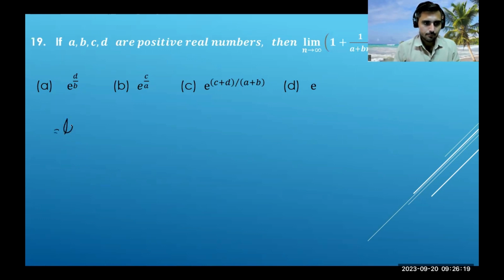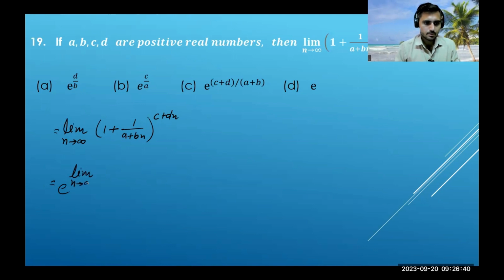So I'll write limit n tends to infinity, and (1 plus 1 upon a plus bn) raised to the power c plus dn, right? Now e raised to the power limit n tends to infinity, and 1 plus 1 upon a plus bn minus 1, times c plus dn.